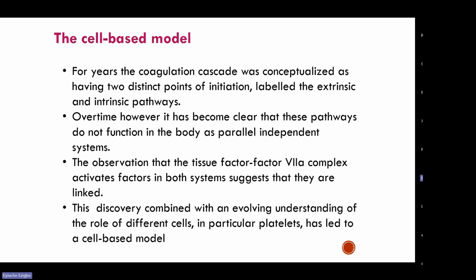So this discovery, combined with an evolving understanding of the role of different cells, in particular platelets, has led to the cell-based model. So they try to describe the secondary phase of blood coagulation. That is why it's been described as occurring on the surface of cells, platelets precisely.